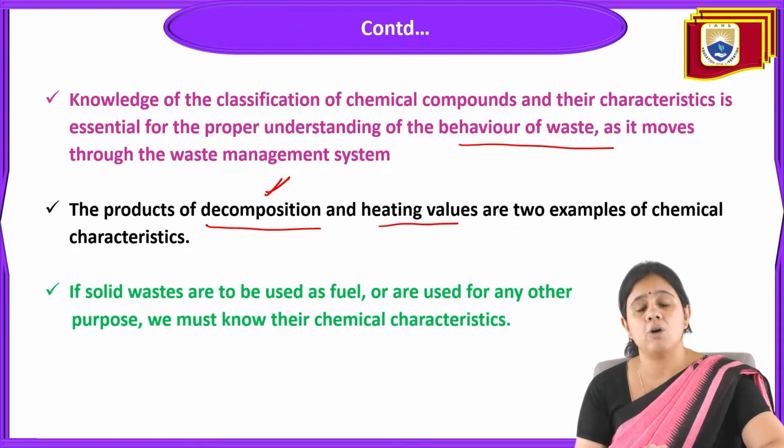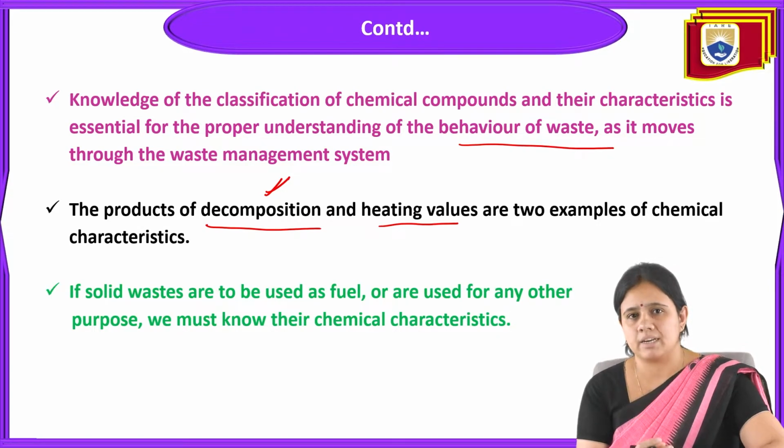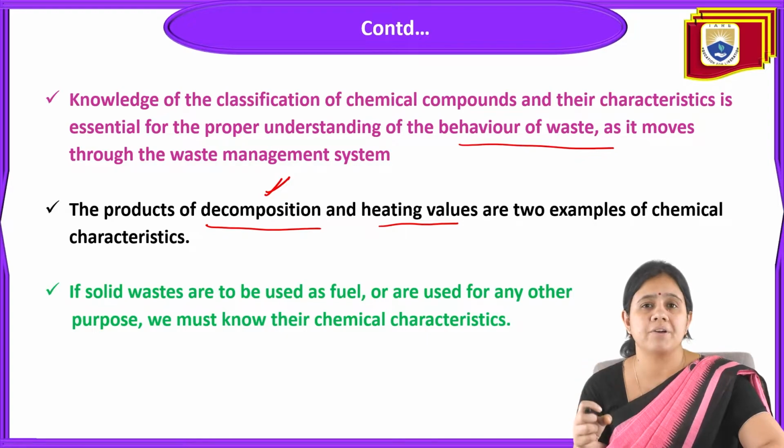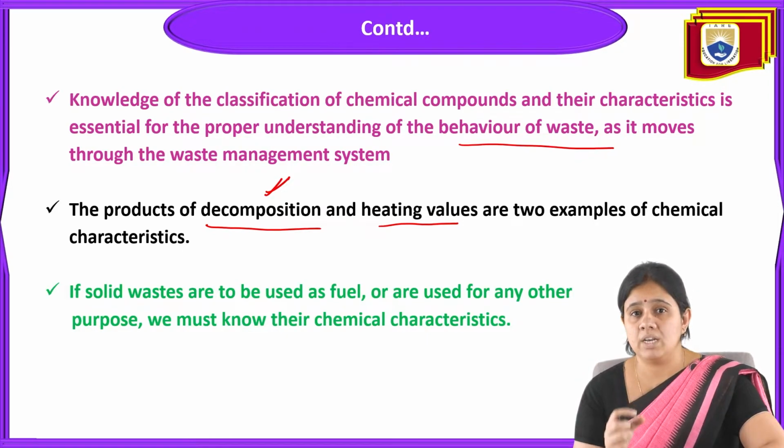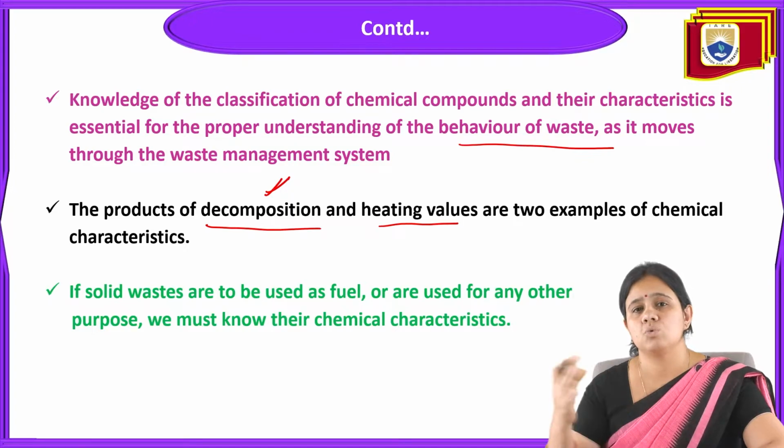The chemical characteristics give this information. For example, if it is organic waste, by decomposition we can know how much biogas we can extract. This type of information can only come from the chemical characteristics of the waste, because by burning the waste we convert it into energy.